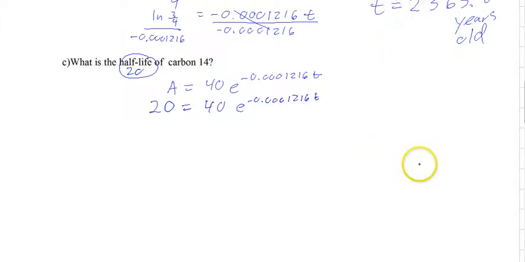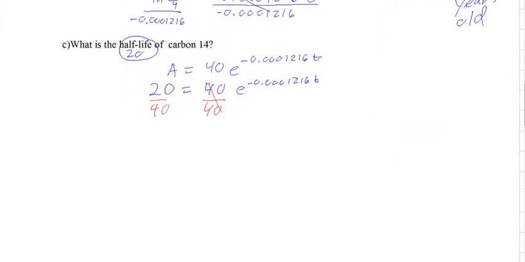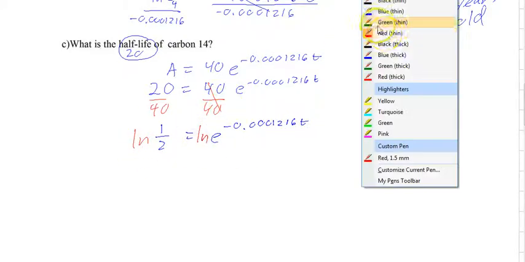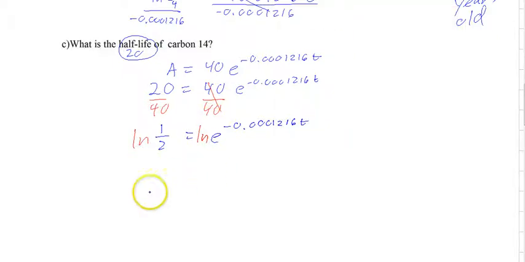Alright, so if we divide by 40, we'd get 1/2. And then natural logging both sides, we would get ln of 1/2 equals negative 0.0001216t, because that's going to cancel again and make 1.